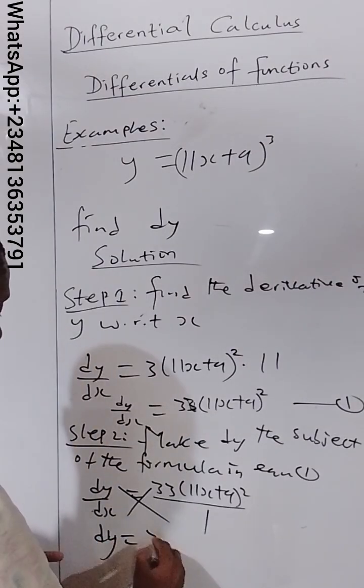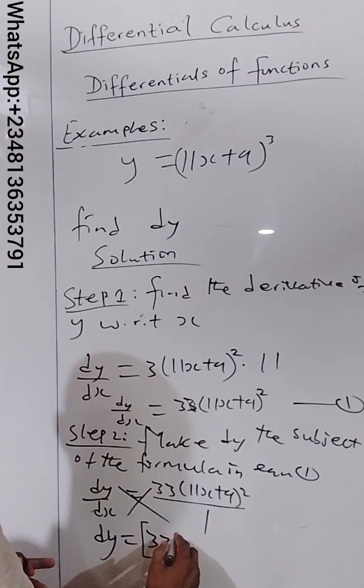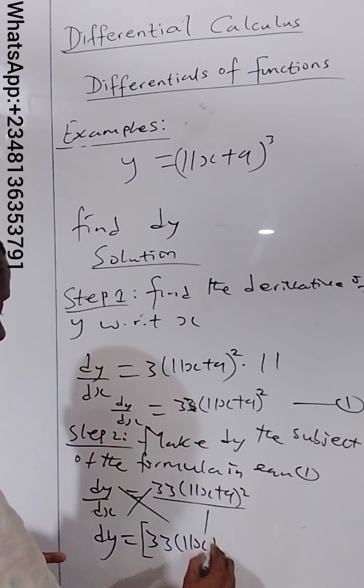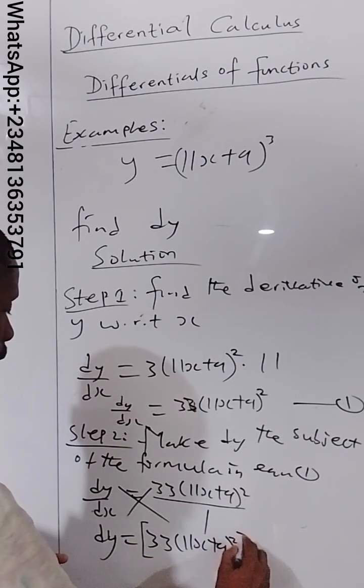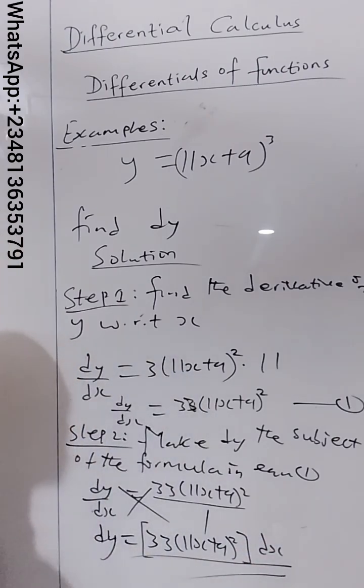So I have 33 (11x plus 9) squared, then I put the dx in. This represents the differential of this function.